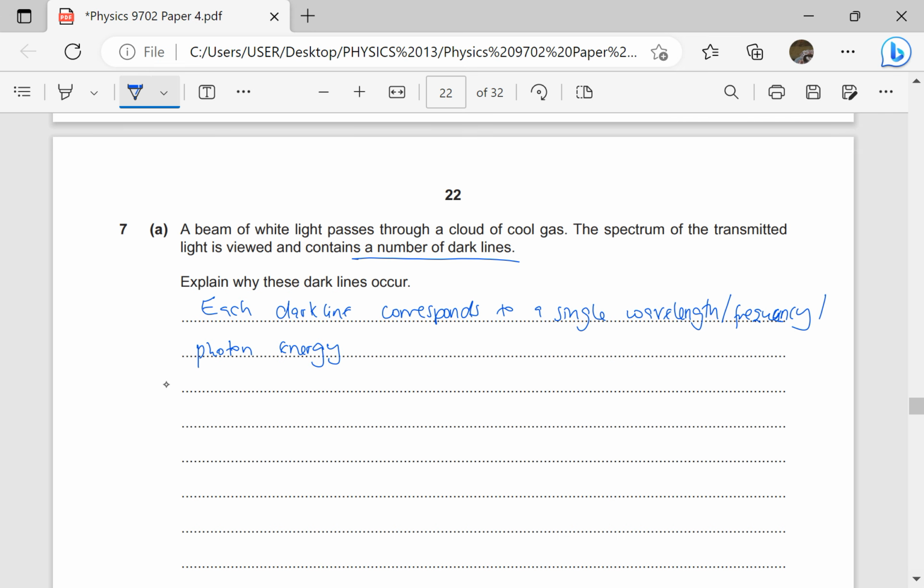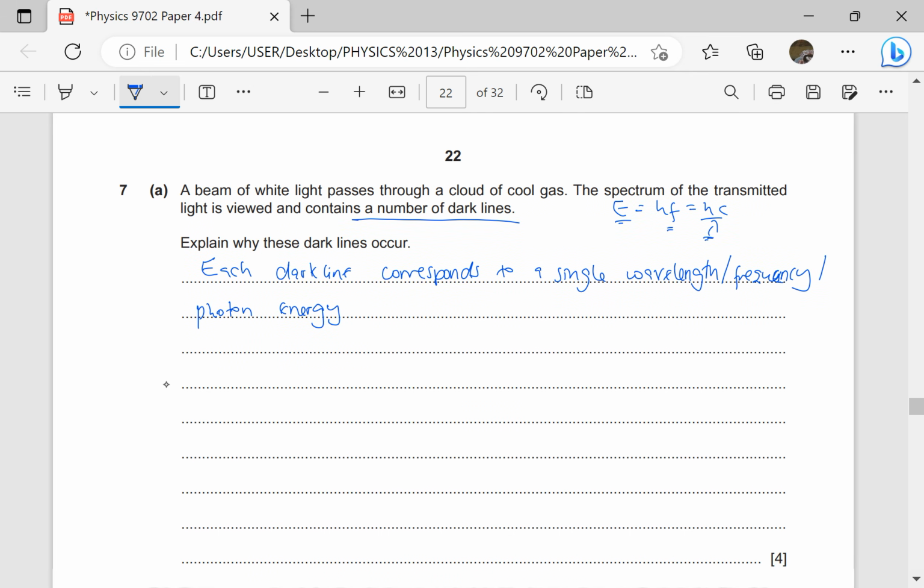Because remember the energy of a photon is hf, which is hc over lambda. h is always constant and c is constant. So each dark line corresponds to a frequency, which corresponds to a wavelength, which corresponds to a photon energy.